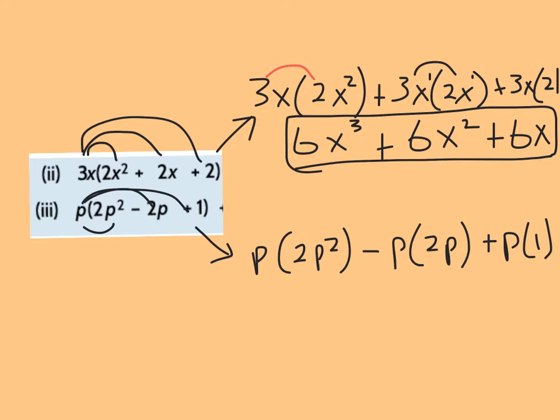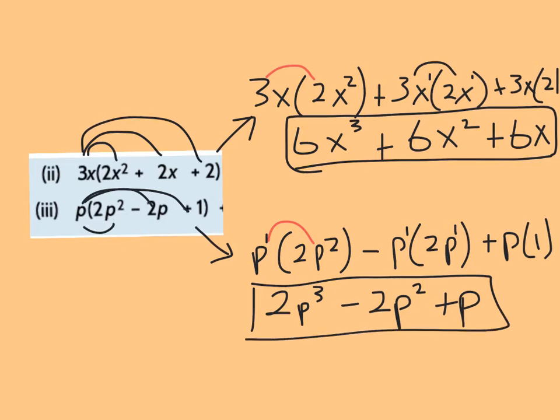Okay, let's go ahead and multiply them then. So I have p by 2p squared, that just becomes 2p cubed. Again, remember the little imaginary 1 there. I have minus p by plus 2p, so we know that's going to be minus, again a little 1 there, a little 1 there. That becomes 2p squared. And then finally, p by 1 just gives me p. And that's my final answer. Can't do anything else with that.